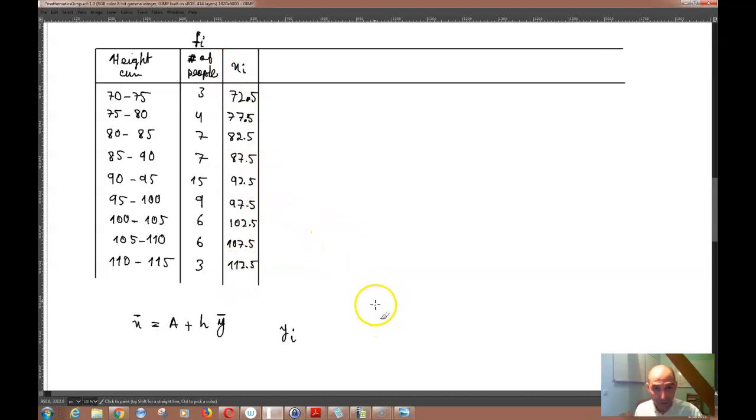So we said that y of i is equal to x of i minus a divided by h. I take some value like this as a.